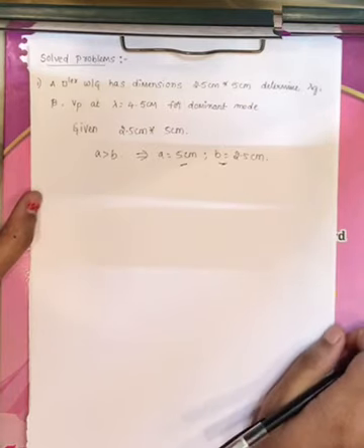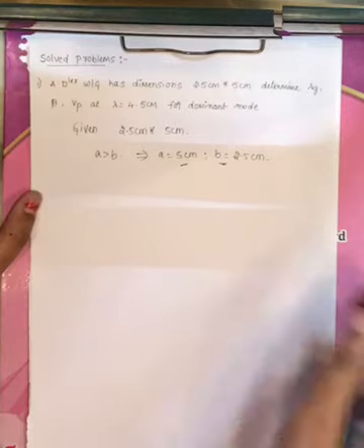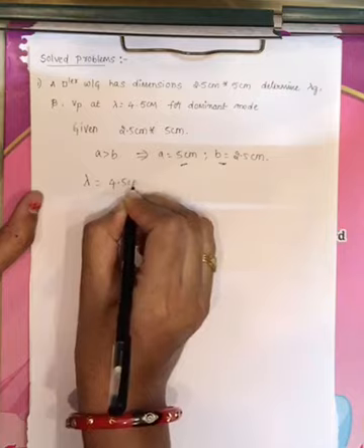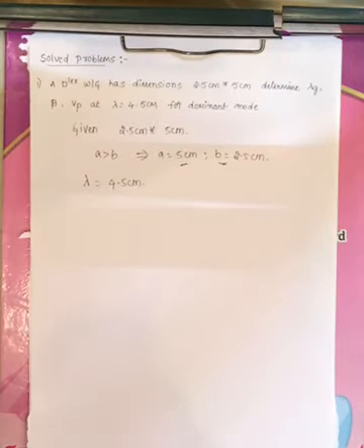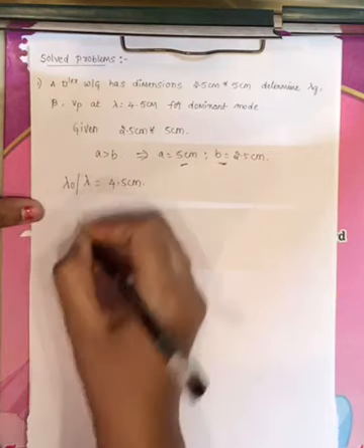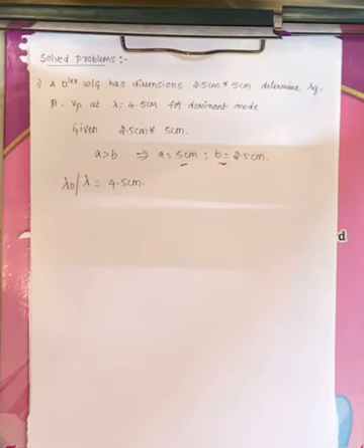Given dimensions, a is 5 centimeter and b is 2.5 centimeter, and given lambda equals 4.5 centimeter, right? Lambda naught or lambda, both are the same, which is nothing but the free space wavelength.